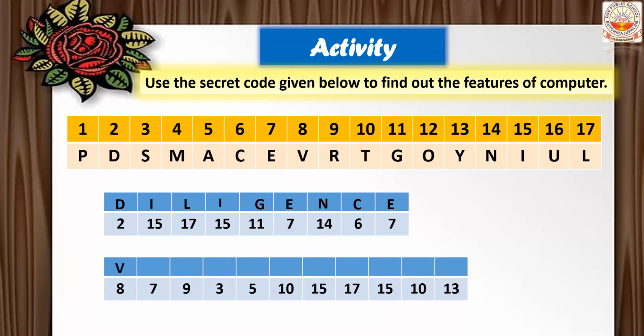8 is V. Okay. Then 7, E. Then 9 is R. Then 3, S. Then 5, what is the letter, children? A. Then 10, find out the letter T. Then 15 is I. 17, L. Then again 15, I. 10, it is T. And 13 is Y. So what is the feature here?